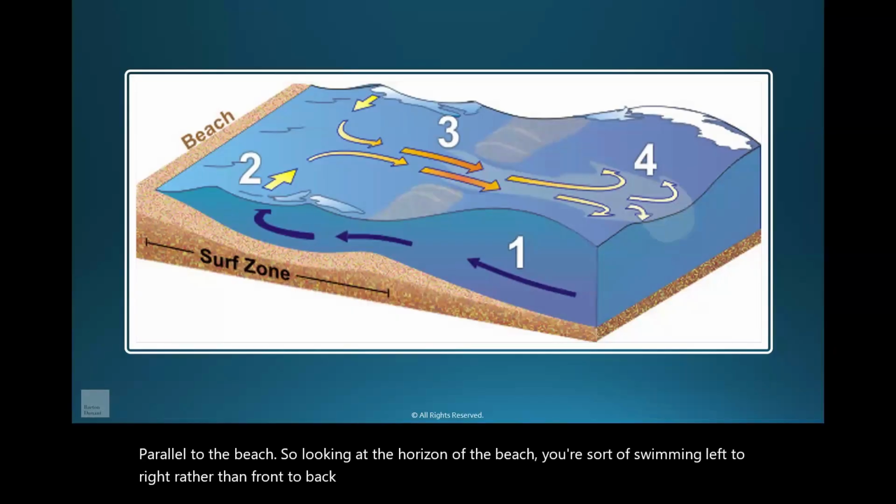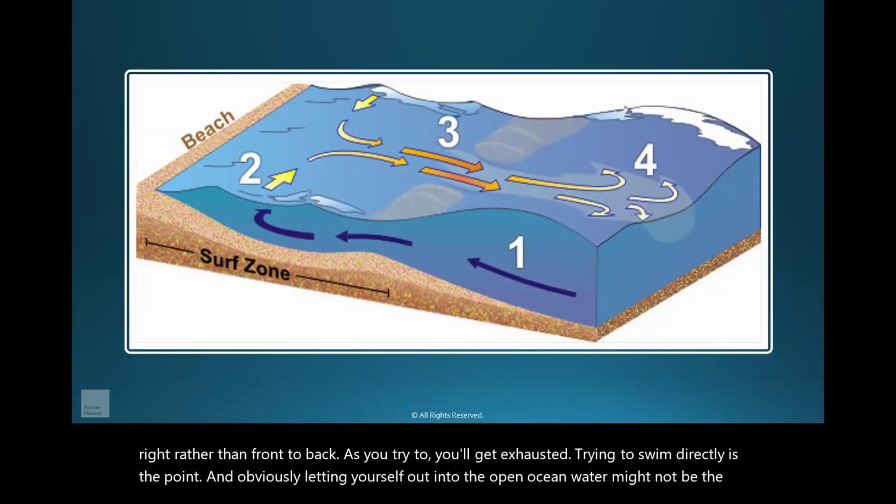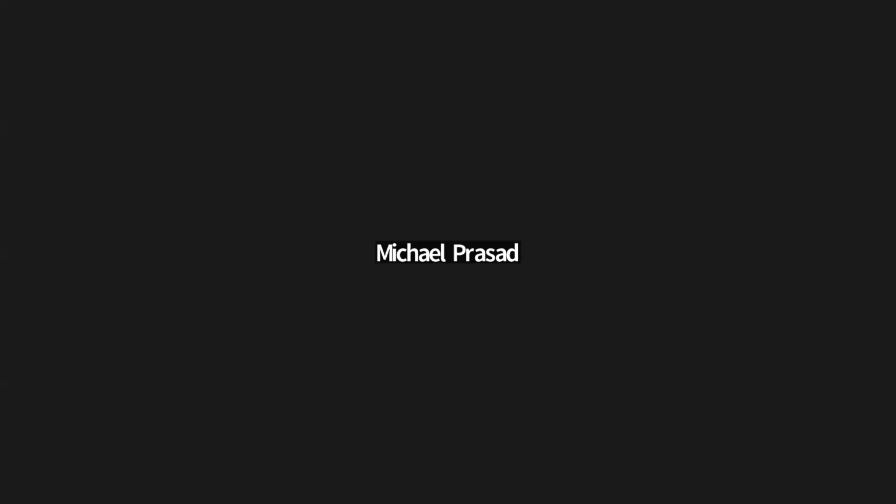You'll get exhausted trying to swim directly is the point. And obviously letting yourself out into the open ocean water might not be the safest thing to do either, because it's very deep. And there's other hazards out in areas for an example. So that's the thing about riptides. You'll be able to find much more information, safety information, brochures and web searches and things like that if that's something you're interested in learning more about.